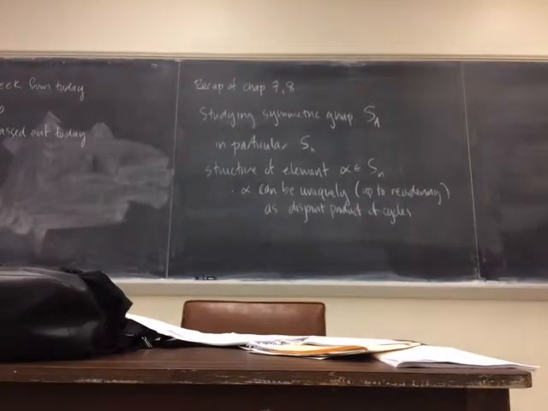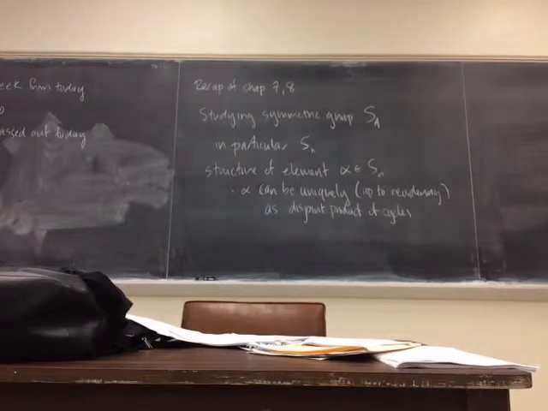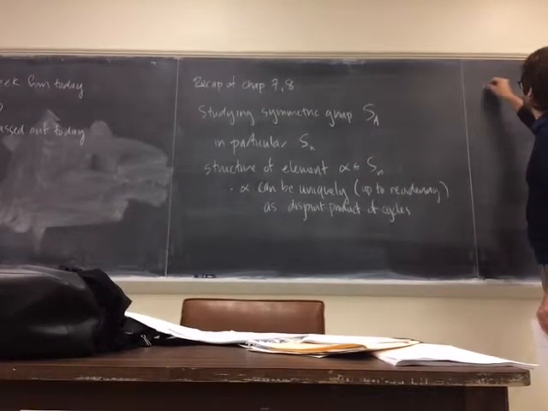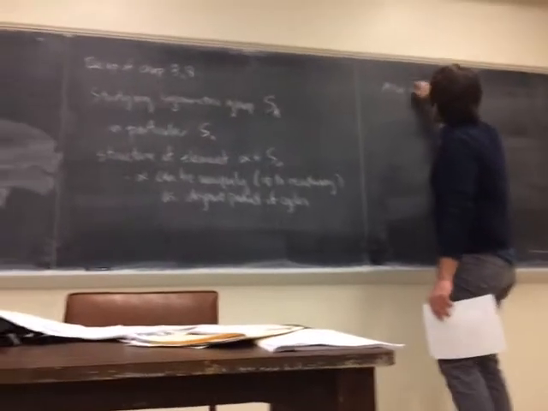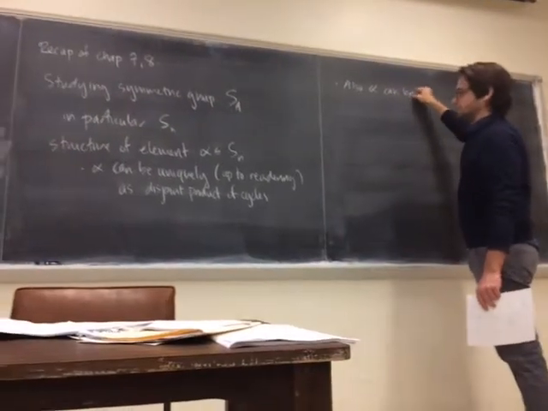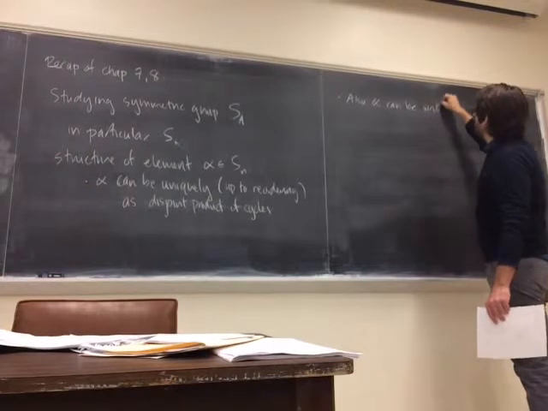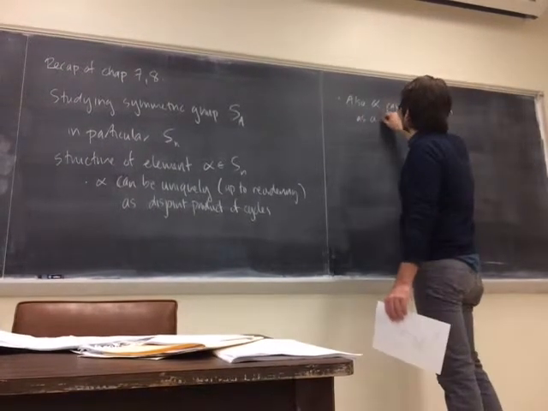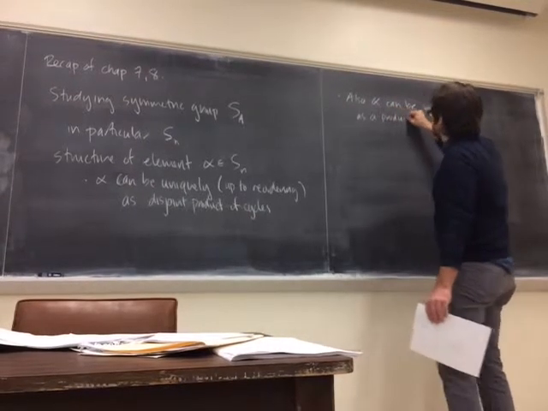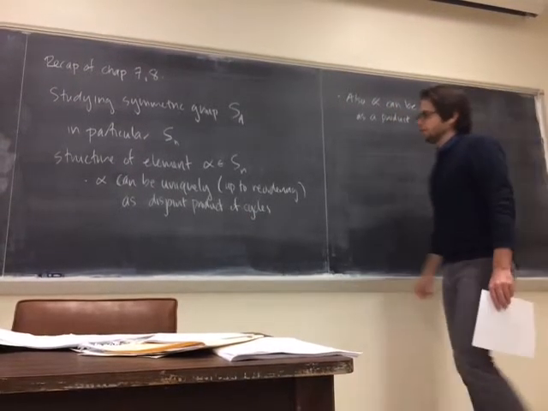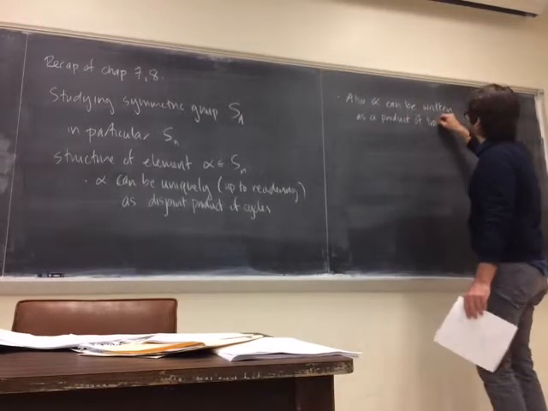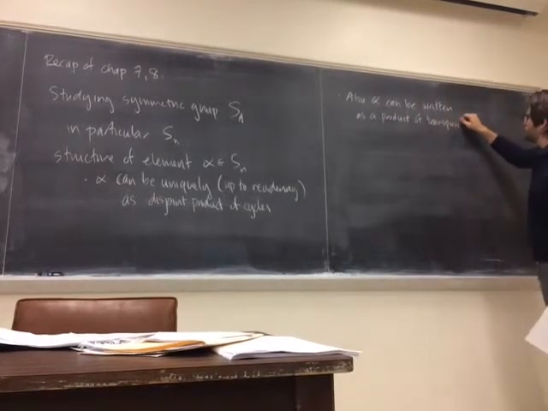But then we wanted to say, can you actually break it up further into two-cycles? And the answer is yes. Also, alpha can be written, not uniquely anymore and not disjoint anymore, as a product of transpositions. A transposition is just a fancy word for a two-cycle.